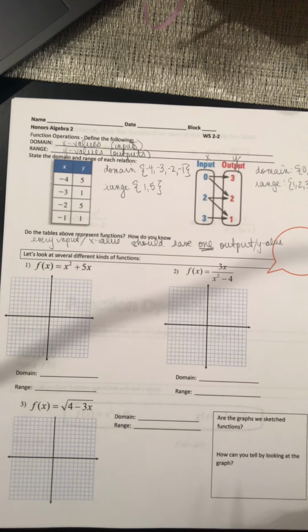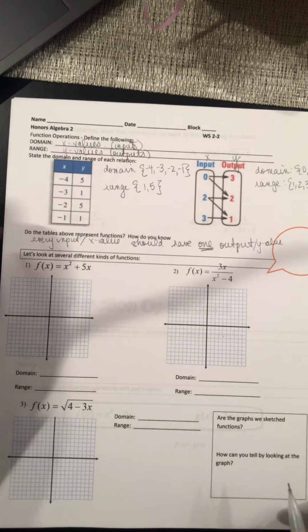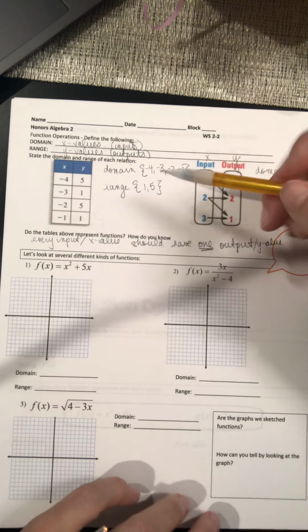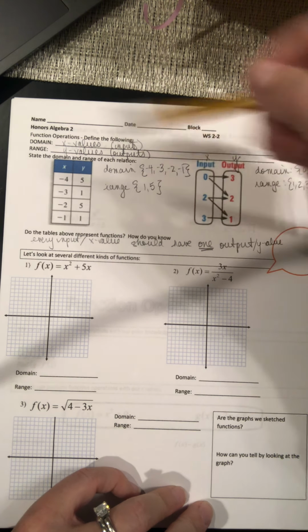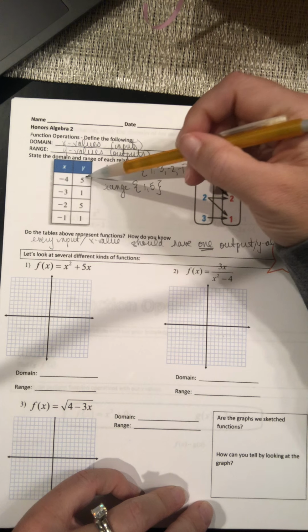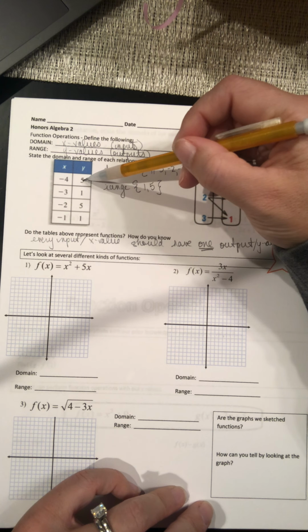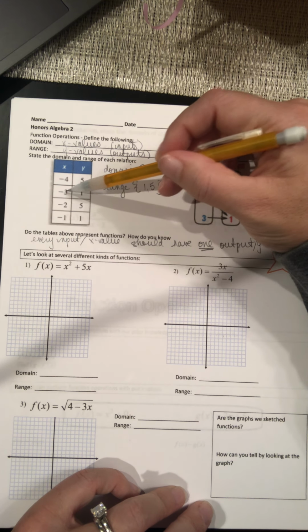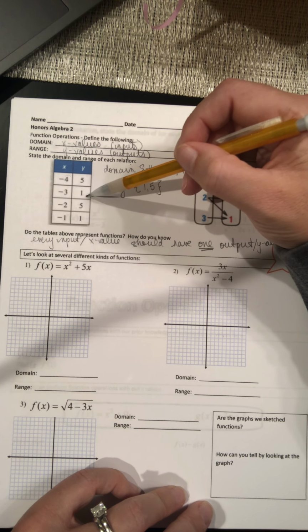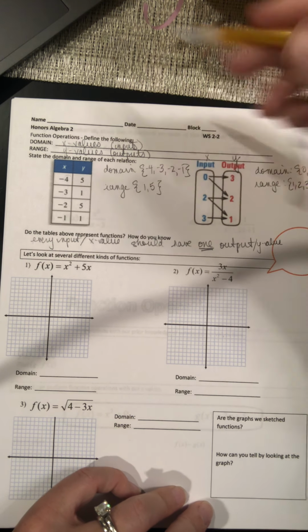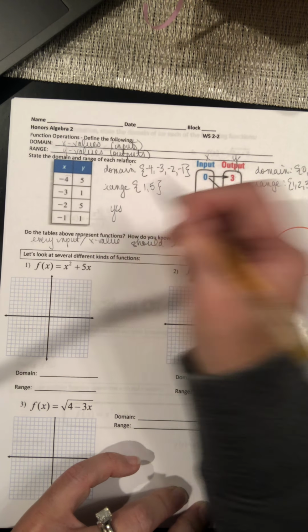All right, so every number that you were to plug into an equation, okay, or see in a table should have exactly one corresponding y value. So here, even though the y's repeat, okay, -4 corresponds to 5, right? -3 corresponds to 1. Each one of these has their own y value. It might be the same as others, but they have their own. So this is a function, okay?